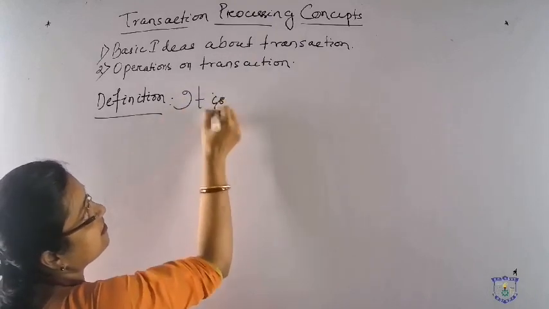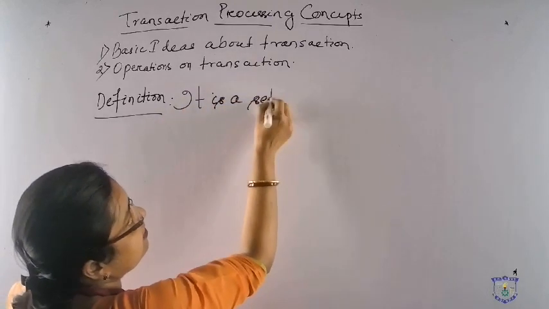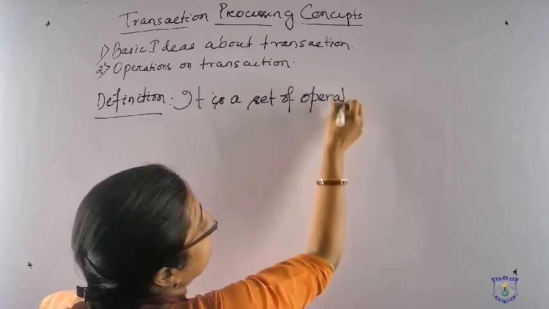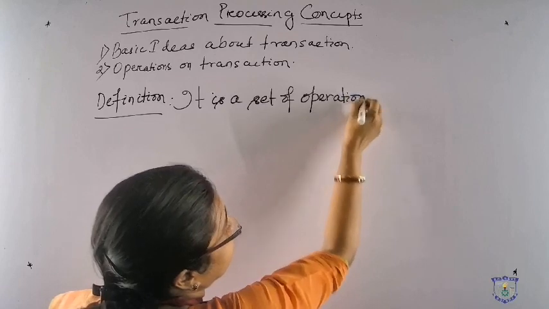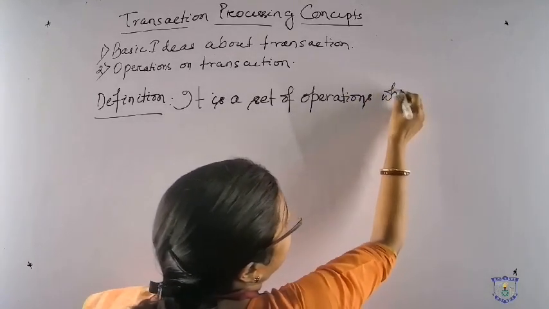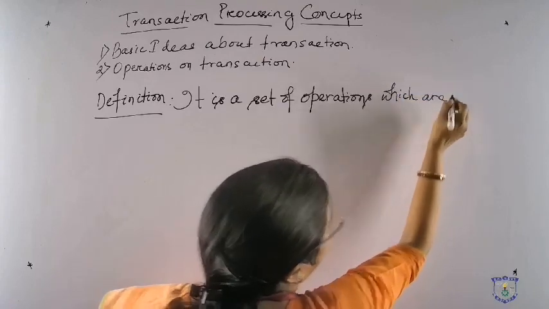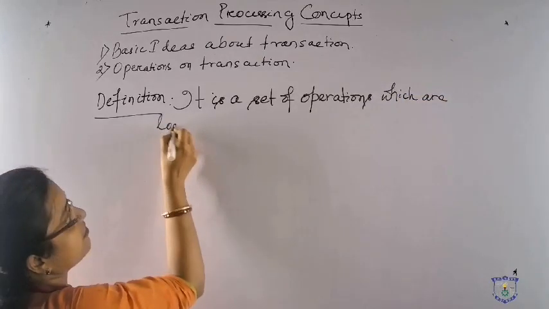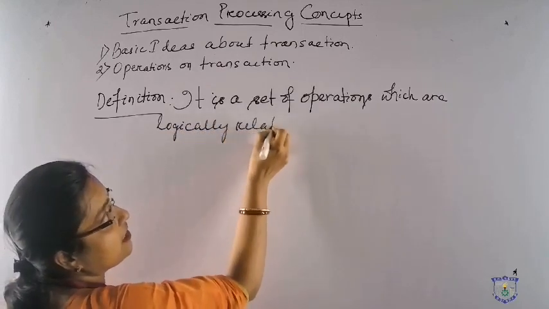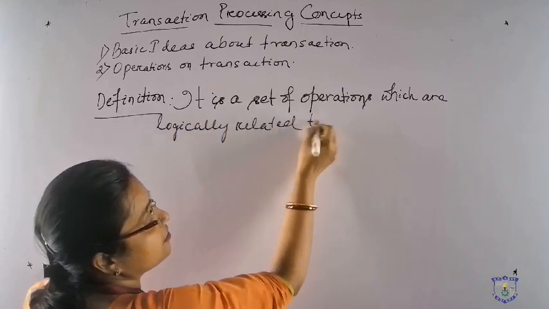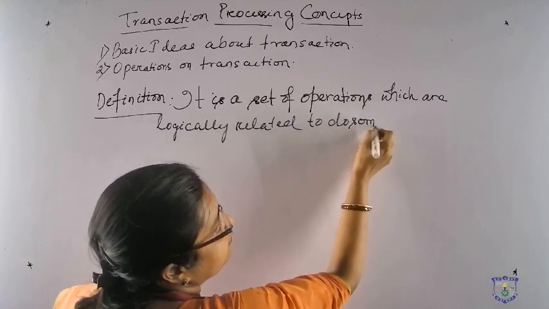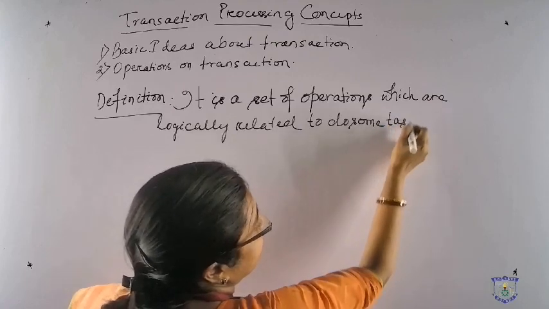Definition of transaction: it is a set of operations which are logically related to do some task.